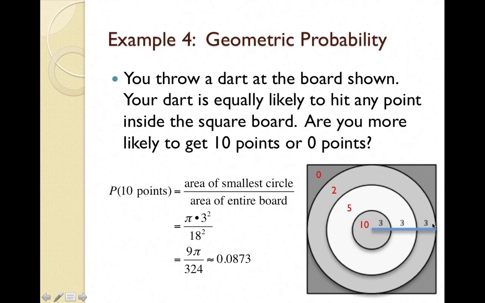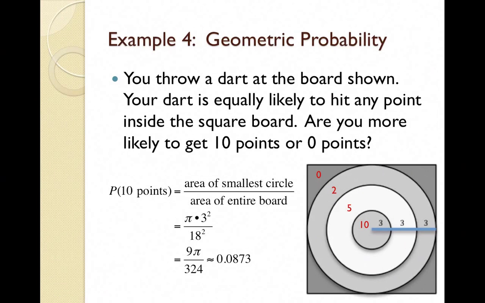So if one side is 18 and this is a square board, that means the other side would also be 18, and I can find the area by taking 18 squared. So now I work this out. I'm going to get 9 pi on top, 324 on the bottom, and when I divide that out, that gives me a probability of about 0.0873.